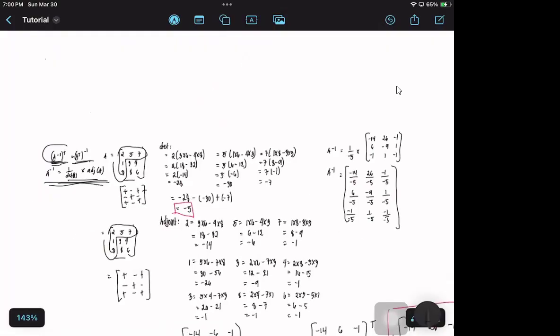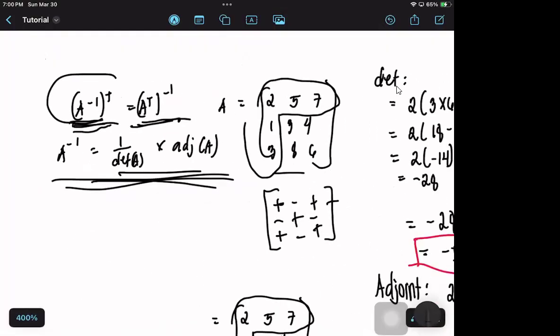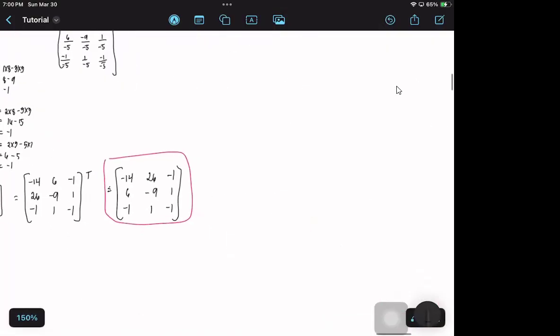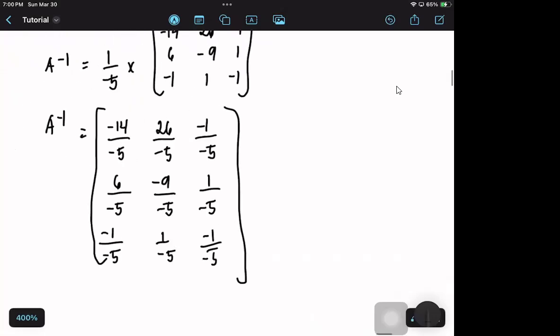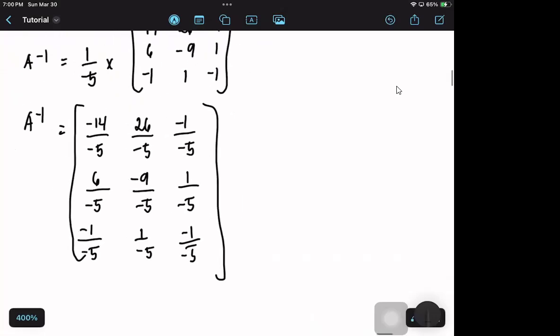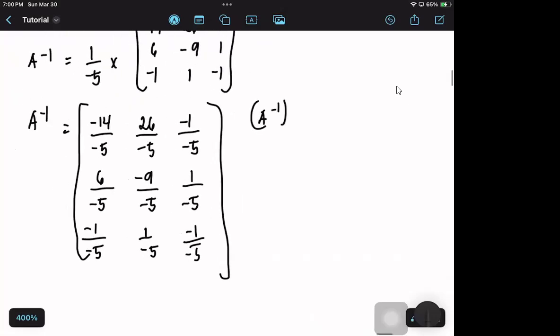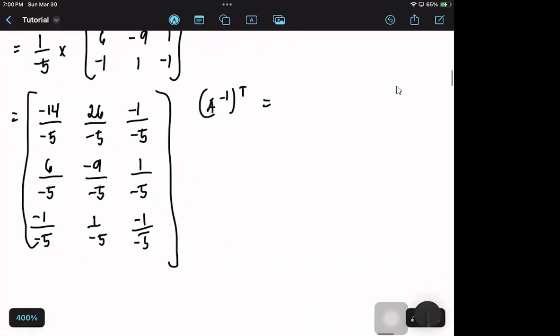But in our first formula, we'll transpose the A inverse so that we get the A inverse transpose. The first row will become the first column.